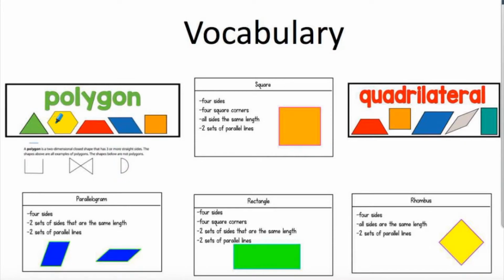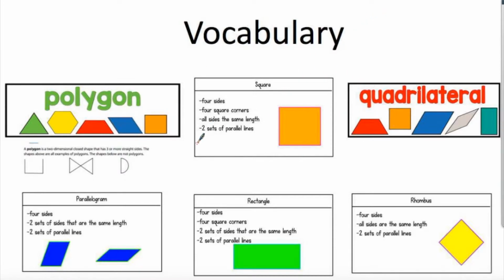So looking at examples of polygons, we have a triangle with the 3 sides, straight, and it is closed, meaning those sides meet. Okay, we have a hexagon, a trapezoid, a rhombus, which I know some of you might identify as a diamond, but we are going to talk about it as a rhombus in the math world, and then a square.